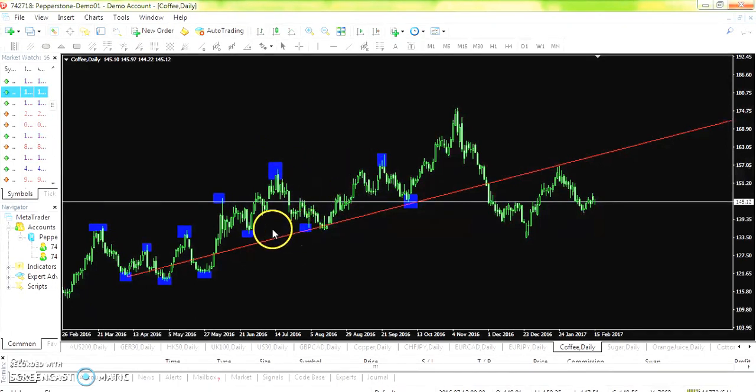Okay, this is the higher low point, and this is the higher high. What happened when the market broke this previous major swing low? As you can see, at this point the market has broken this level. For your convenience, I'm going to draw a horizontal line over this point, right?